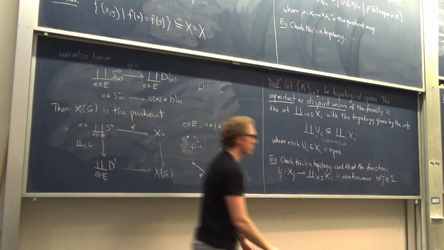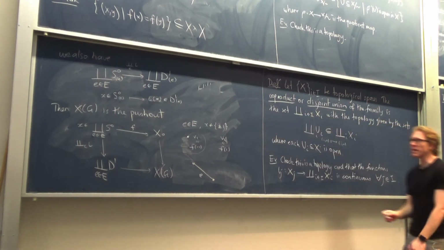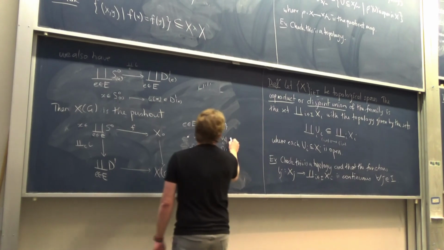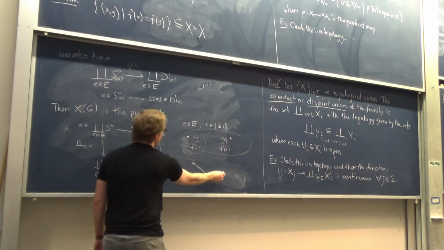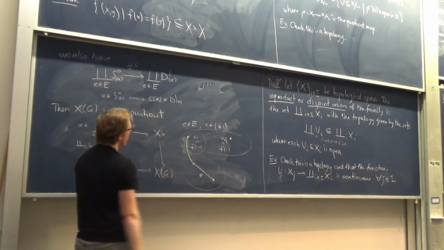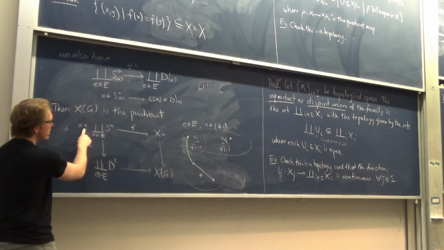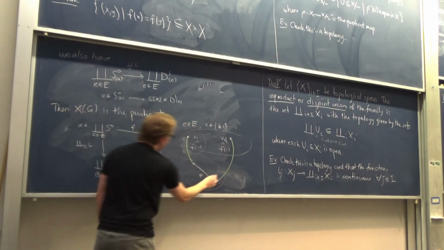Maybe it's better not to draw it with the same color as edges. So green lines mean identify. So here's my collection of vertices in my disjoint union. Here's my collection of edges. The gluing says glue that guy to that guy. That's what the minus 1 corresponding to E says. The plus 1 corresponding to E says glue that guy to that guy.